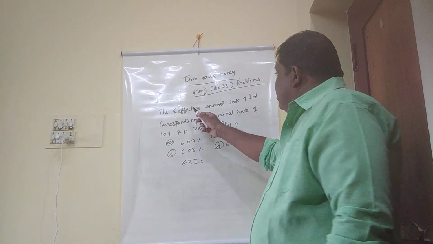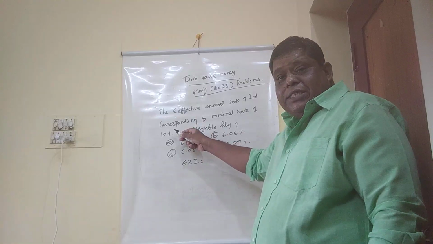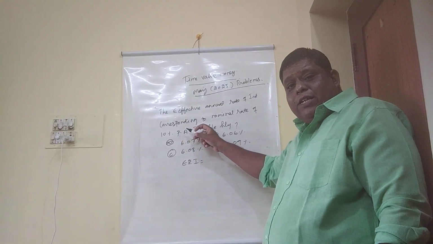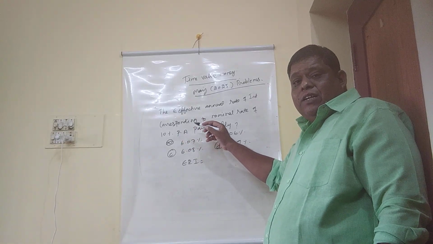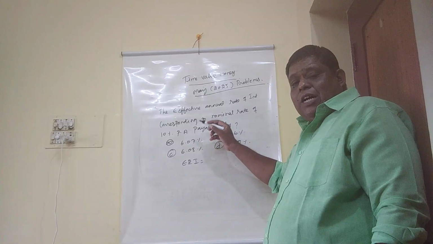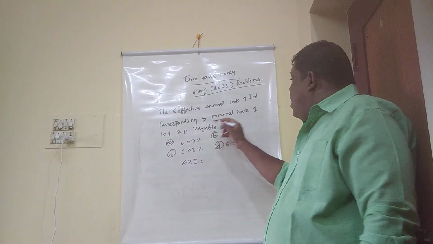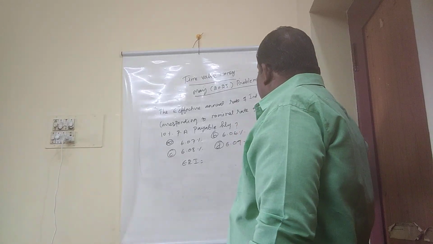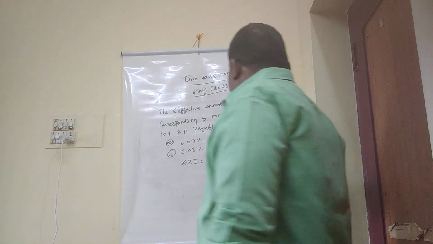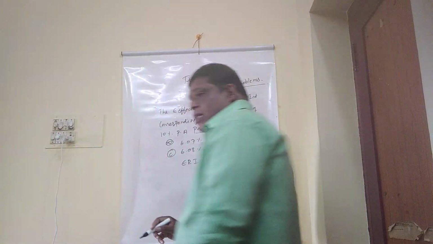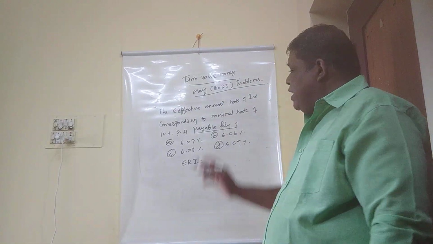At present the nominal rate of interest is 10% per annum payable half yearly. Find the effective rate of interest.